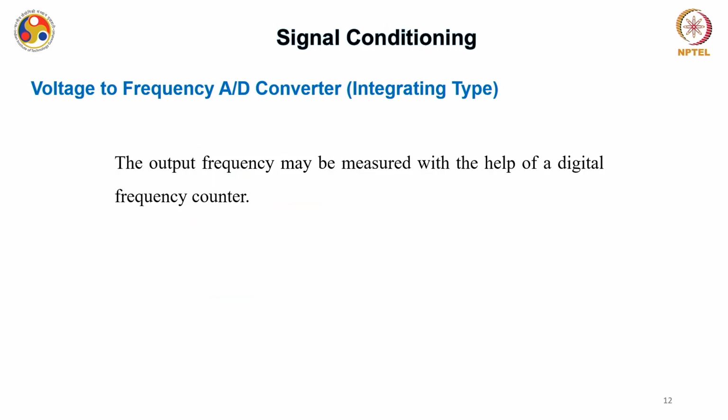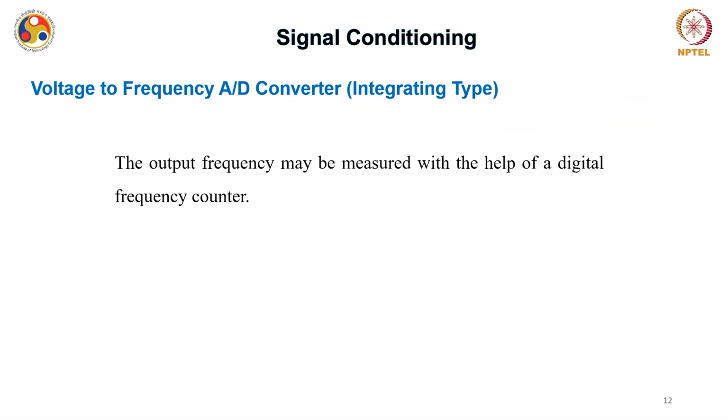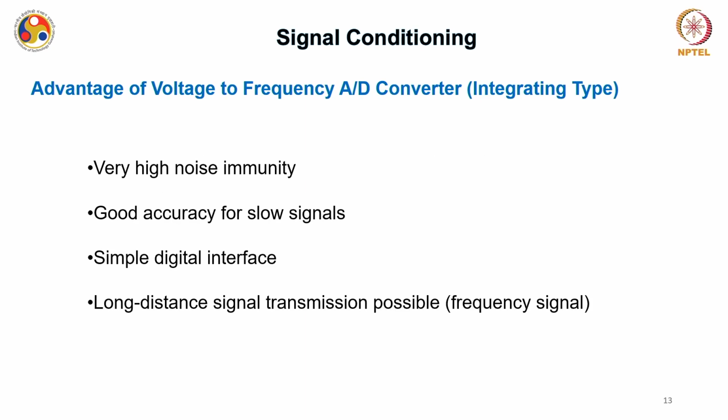Now, the output frequency may be measured with the help of a digital frequency counter. We have seen in the illustration that I have a counter which is giving the digital output. So, the output frequency can be measured with the help of a digital frequency counter and can be encoded to whatever signal level you wish.